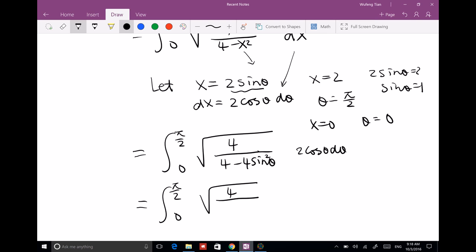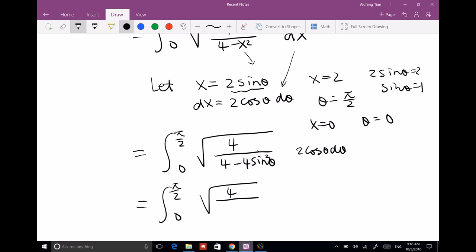Can anyone tell me what that is? Maybe Luke, can you tell me? Is Luke here? Can you tell me what is 4 minus 4 sine theta squared?